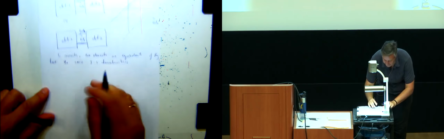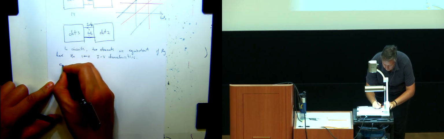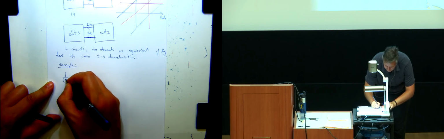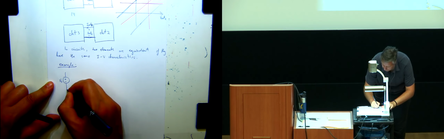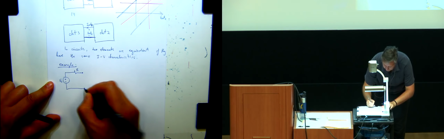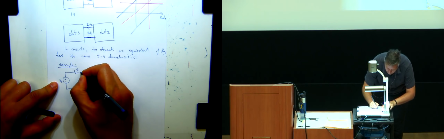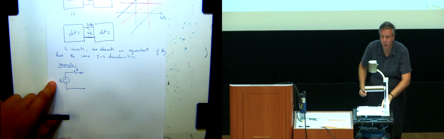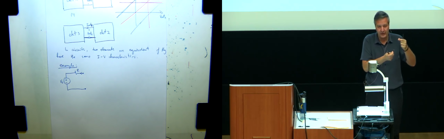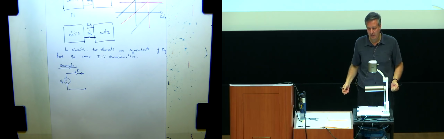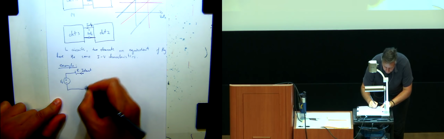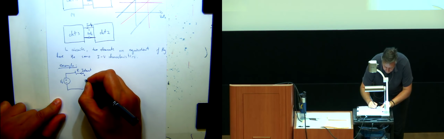So let's have an example. Let's say this is a source. And what I'm doing here, I say, okay, I treat this whole combination as an element. It is a circuit. It's not just a simple circuit element. It's a complex circuit element. But nevertheless, it has I element and has V element.